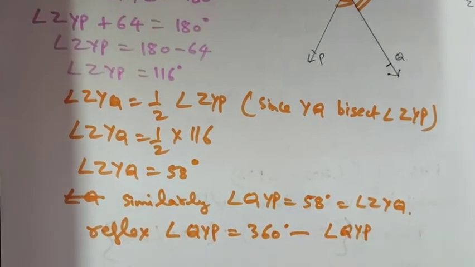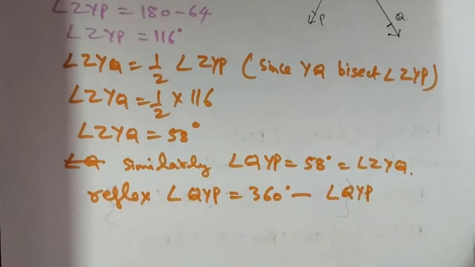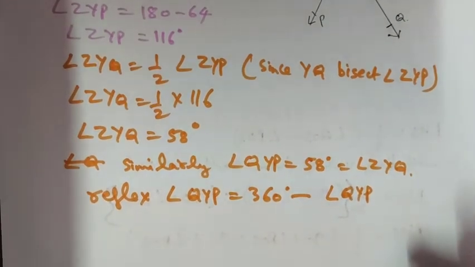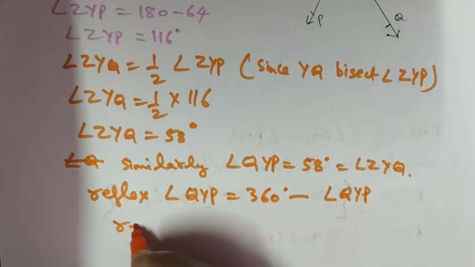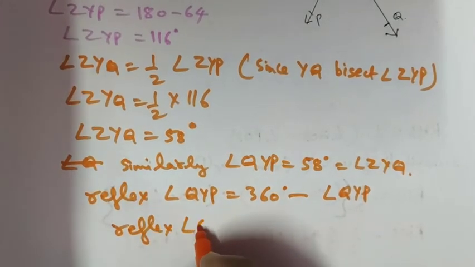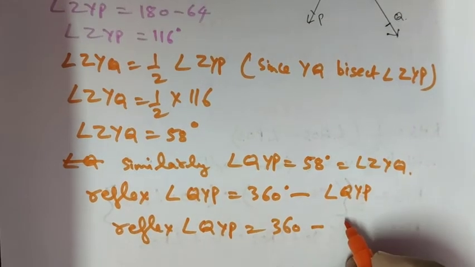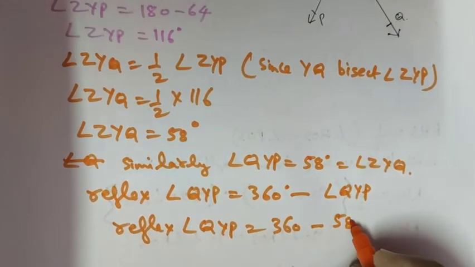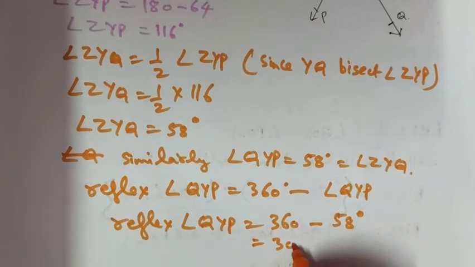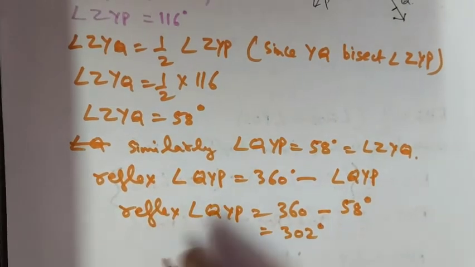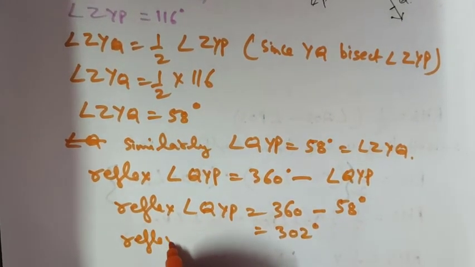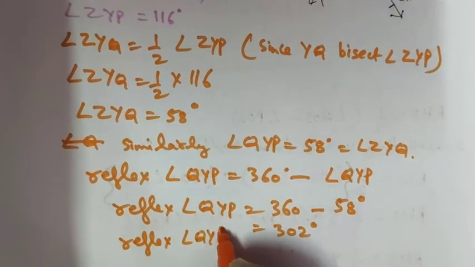We know that the sum of the angle plus the reflex of that angle is equal to 360 degrees. So reflex of angle QYP equals 360 degrees minus 58 degrees, that is 302 degrees. So reflex of angle QYP equals 302 degrees.